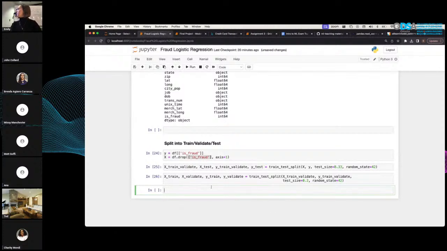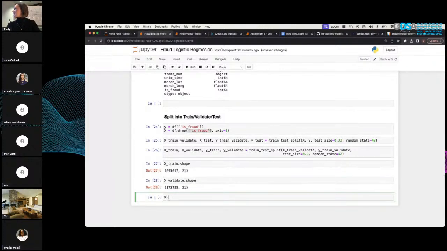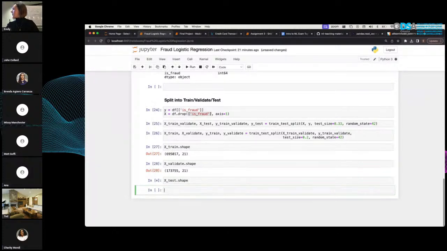That happens. So we do have this. We can do X_train.shape. We can just validate. X validate should be smaller than train. And our X test. See, I think I made a mistake. Wait, no, that's smaller. Okay.